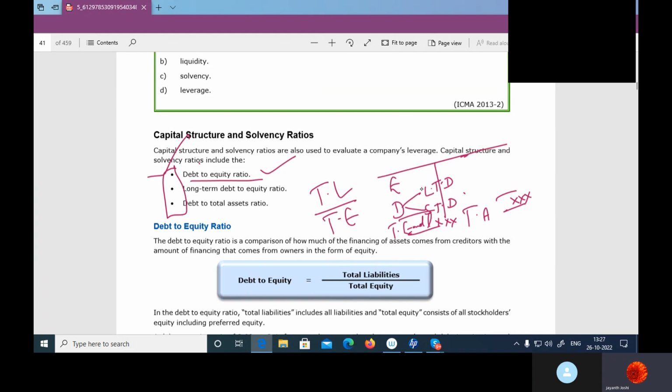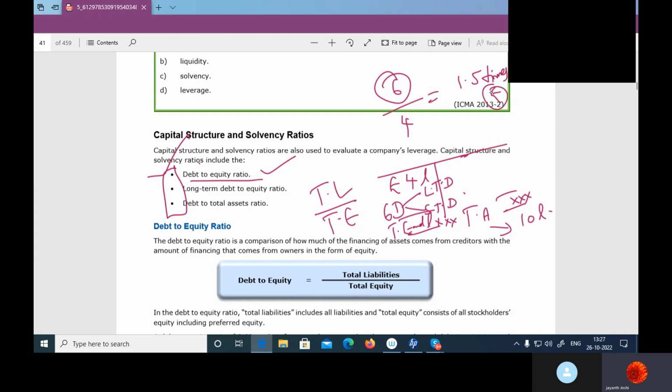Let's say your total equity is 4 lakhs, and when I speak about total liabilities, I mean long term liabilities and short term liabilities, let's say 6 lakhs. What does it show? 6 by 4. It shows that your total debt is 1.5 times of your equity.